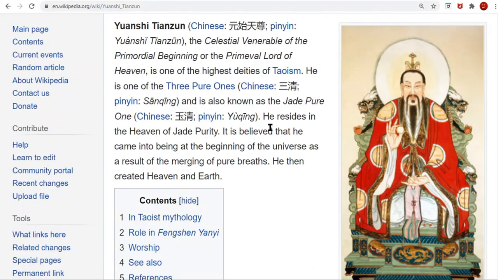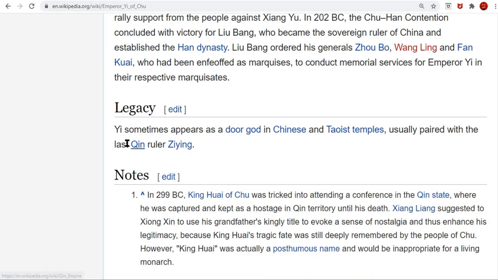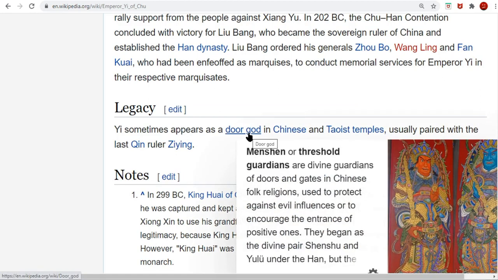So Yan Shi resides in the heaven of jade purity, and it is believed that he came into being at the beginning of the universe as a result of the merging of pure breaths. In the nose, out the mouth. And Emperor Yi Chu has a legacy of appearing as a door god.